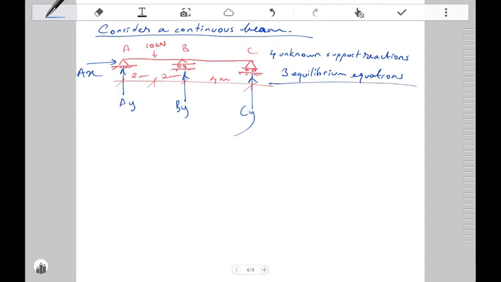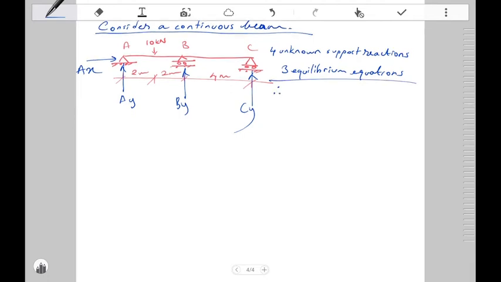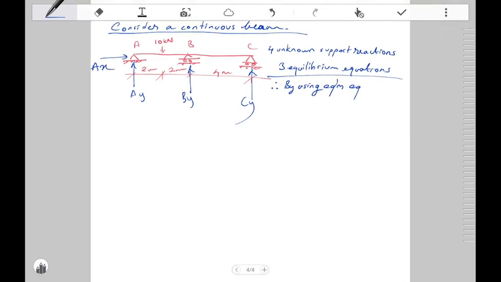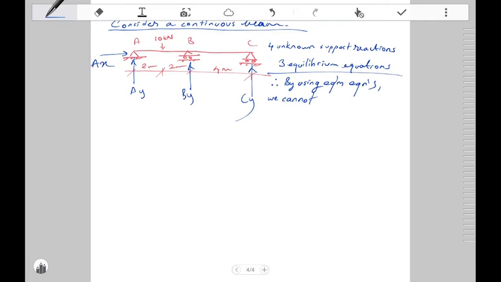So our conclusion is, by using equilibrium equations, we cannot determine the unknown support reactions.